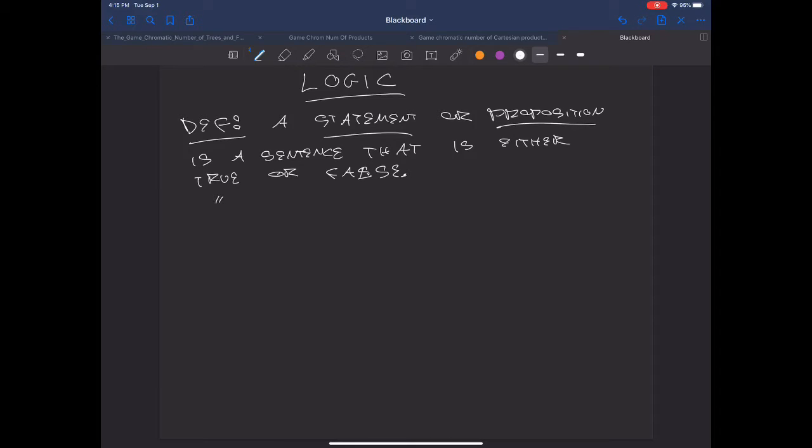And so all cars have wheels. As far as I know, that is always true. And so the sky is red, not a proposition.